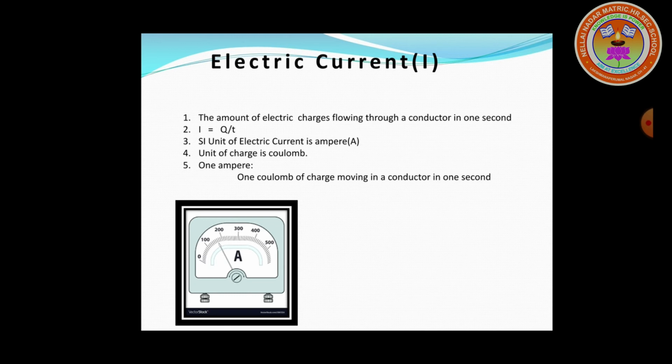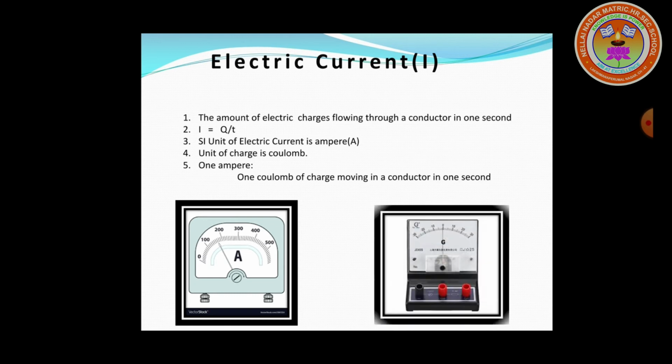And we can find out the direction of the current also, using some other instrument. The instrument is called a galvanometer. So the galvanometer is an instrument used to measure the direction of the current, which direction the current passes through the circuit or in the metallic conductor.